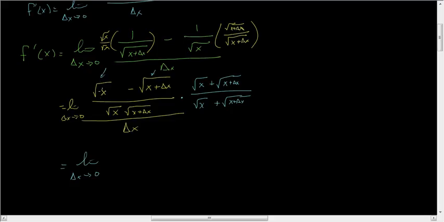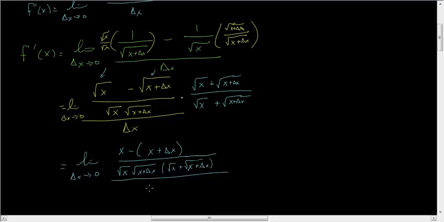If I square the root, it cancels the root, and so I get x minus, the root cancels, what's underneath, x plus delta x, all over the root of x times the root of x plus delta x times root x plus root x plus delta x, all of that over delta x. That delta x on the bottom is still left over from the formal definition.